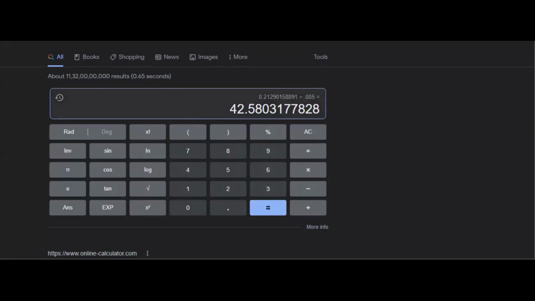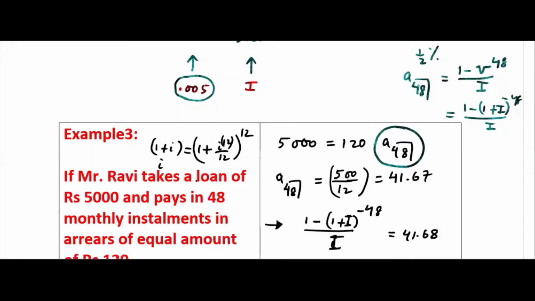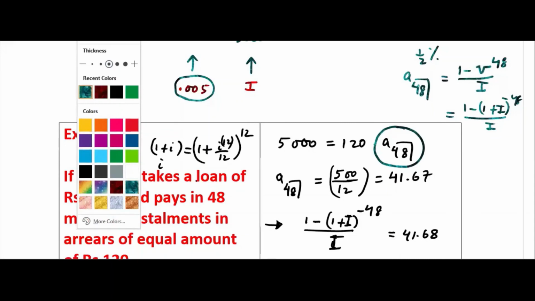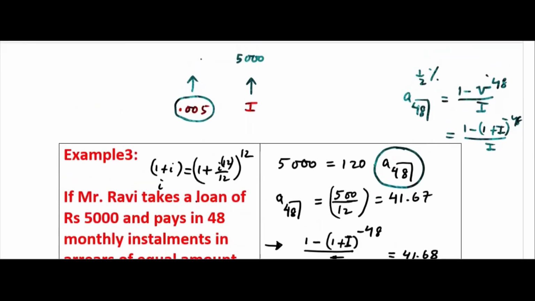I got 42.58, and the payment also 42.58, okay. Let me write here 42.58.